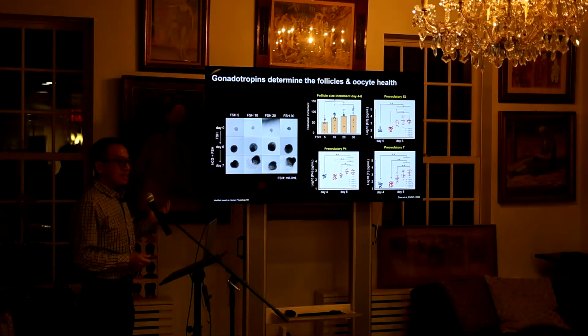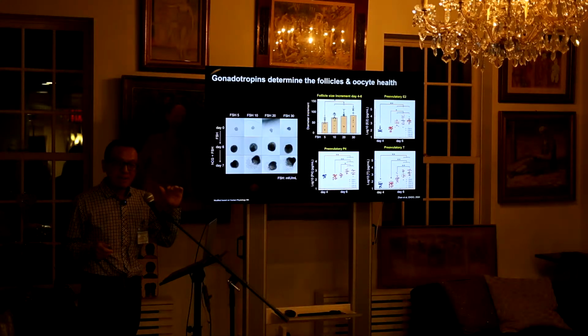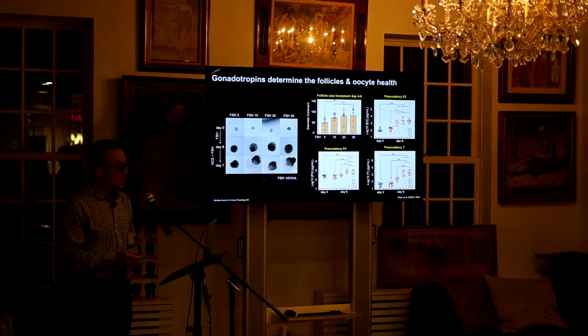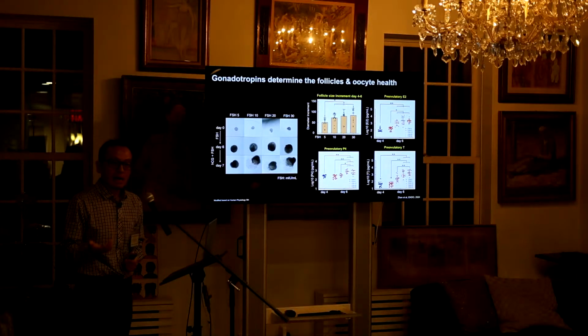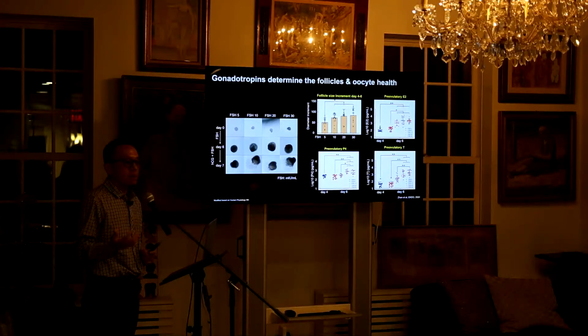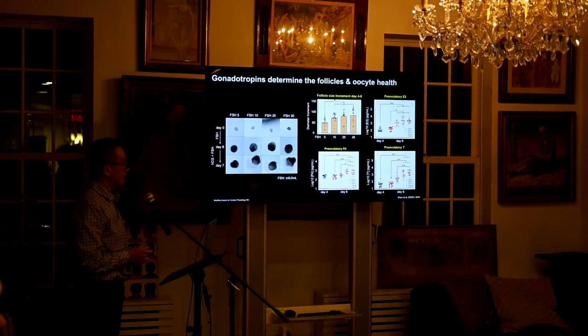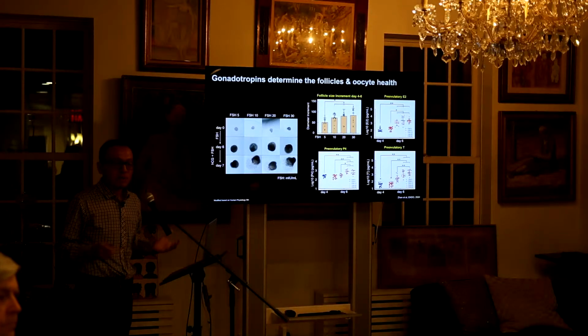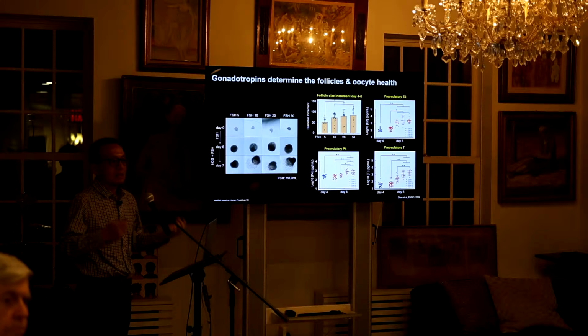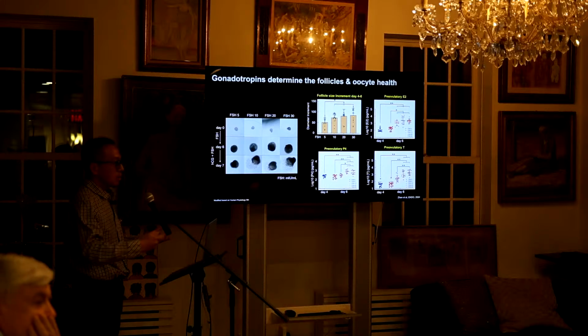So for this data, we demonstrate there's an FSH threshold required to stimulate follicle maturation. Then we also want to ask, if we give them too much FSH, whether it's good or bad. I think there are a lot of studies showing that it might not be perfect. We want to reduce it a little bit, but we want to study what is happening at the molecular level and also get more evidence to support this.